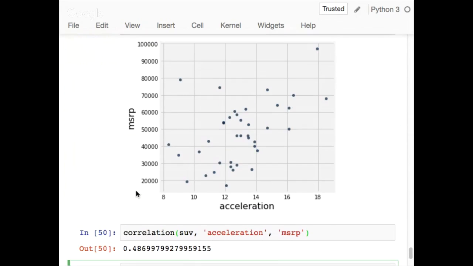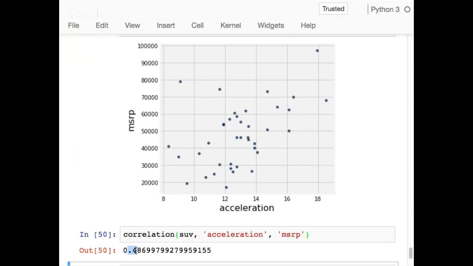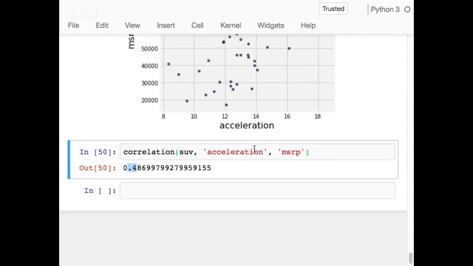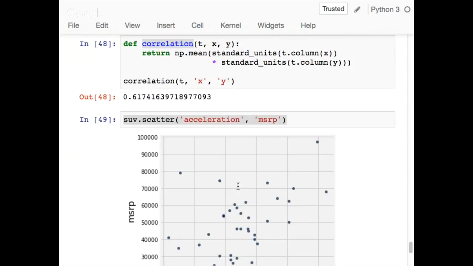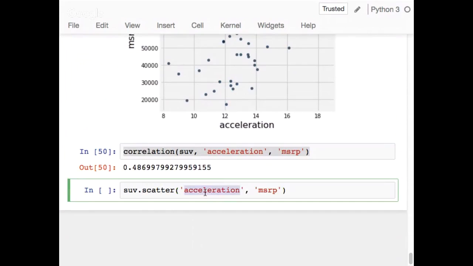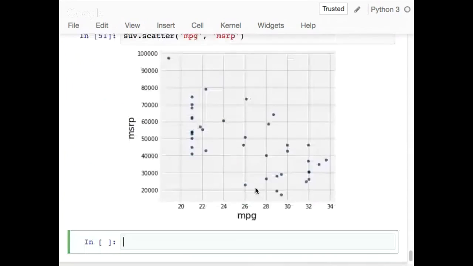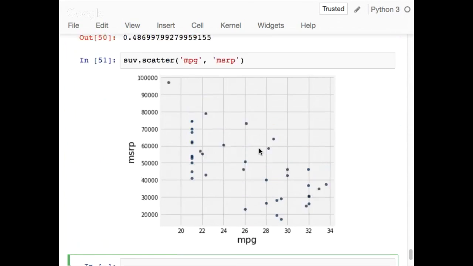And I see here that I have a correlation of about 0.5 between price and acceleration. For the MPG, here I have miles per gallon. A downward sloping trend, so we should see a negative correlation.